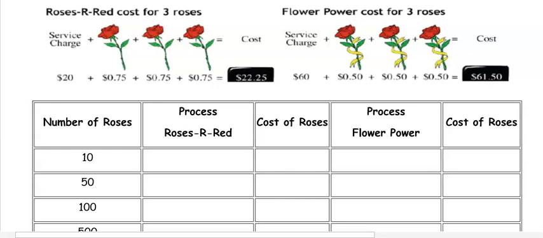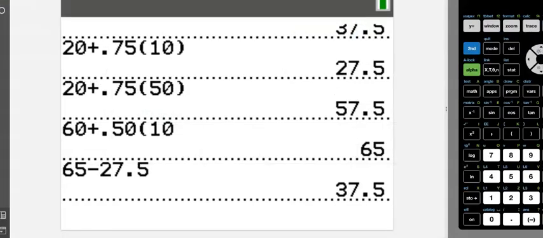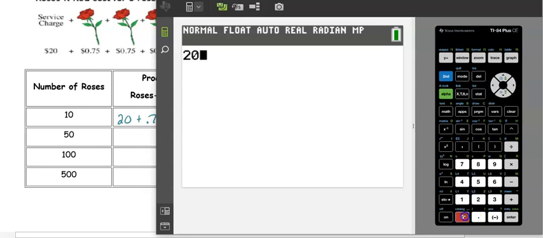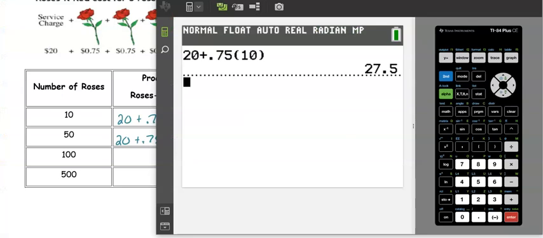So for Roses Are Red, we know that it is a $20 service charge plus 75 cents times the number of roses. Now we can put all of that in our calculator at once. So we would have 20 plus 0.75 times 10, which would give us a cost of $27.50. For 50 roses, it would be a $20 fee plus 75 cents times 50 roses.